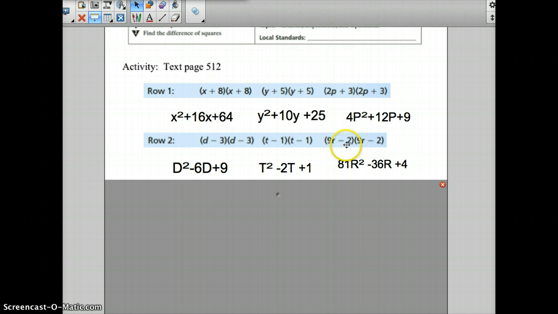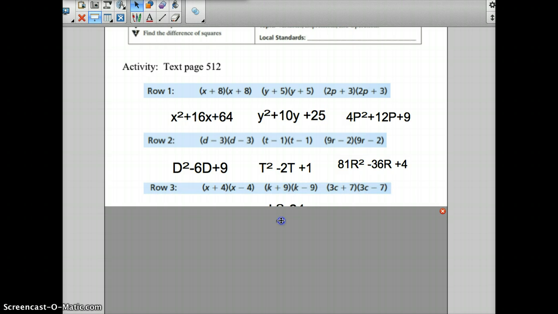And if you look at just your first and your last term in either binomial and multiply them together and then double it, that's what your middle term is. Now, in this case, notice how we have the opposites. Think about what your first term is going to be. Think about what your last term is going to be.